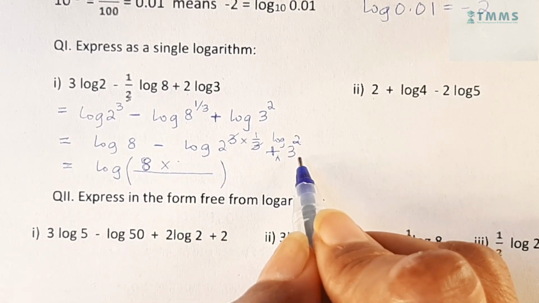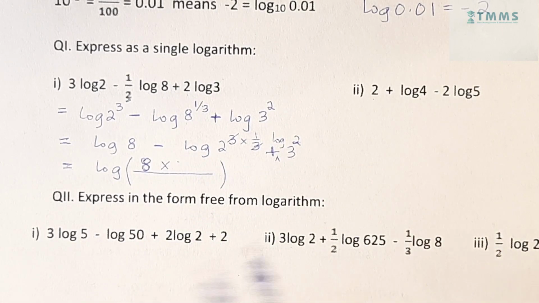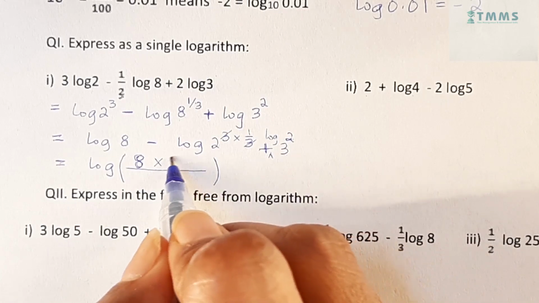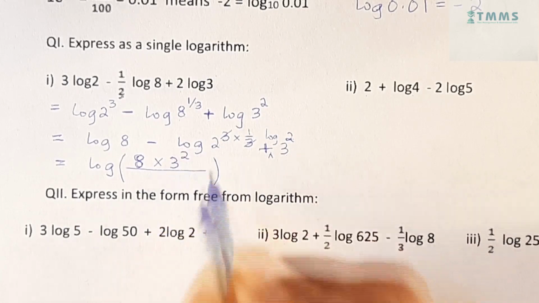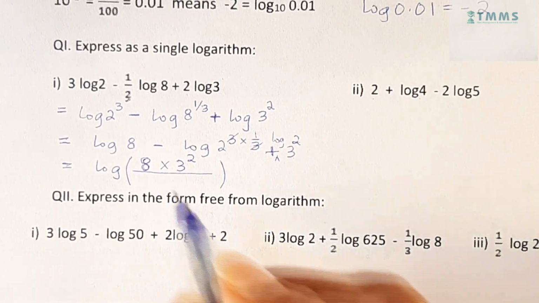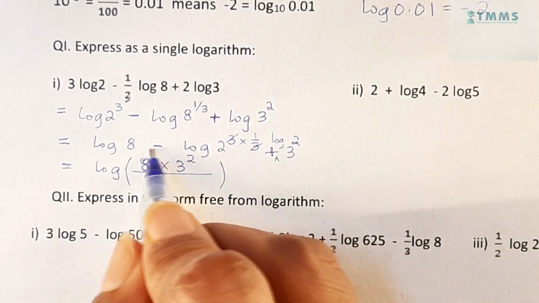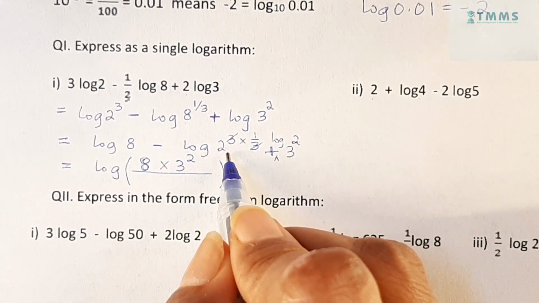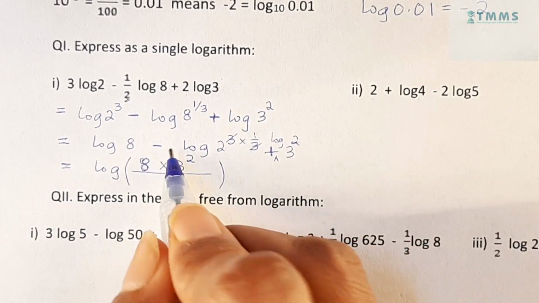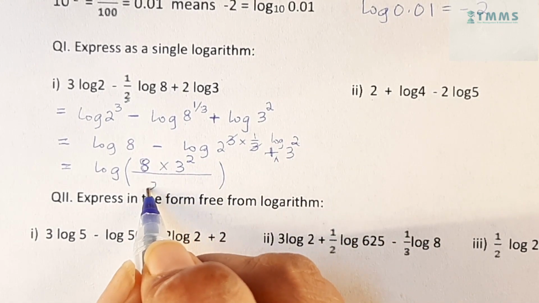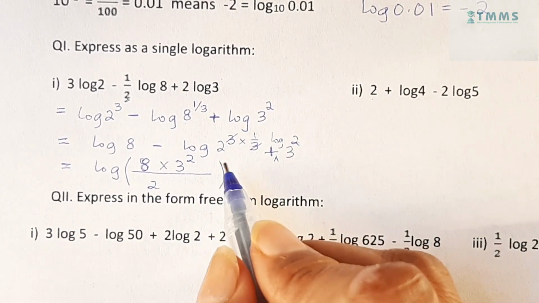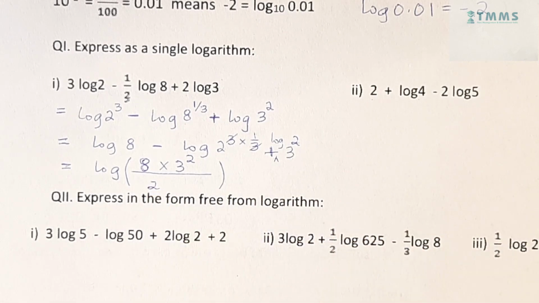So it will be log 3 square. We will write like this. And because this is minus sign here, it will be log of 2 remaining, but that 2 over here will be dividing.